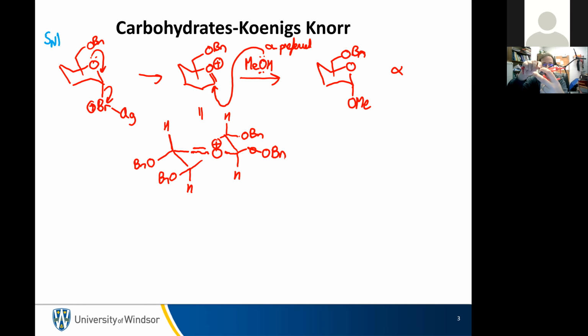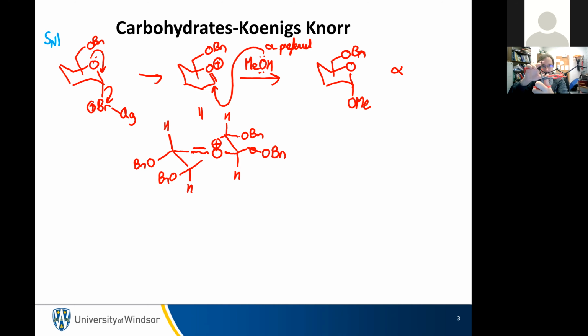Now, my model kit doesn't want to do that. What I hope you can kind of see is that if this goes down, it's kind of in line with this carbon in the back. If this goes up, it's kind of in line with this carbon in the back. That is trying to twist itself into a chair shape. And note the chair shape it's twisting itself into is the one I want. It's the one where everything is equatorial.